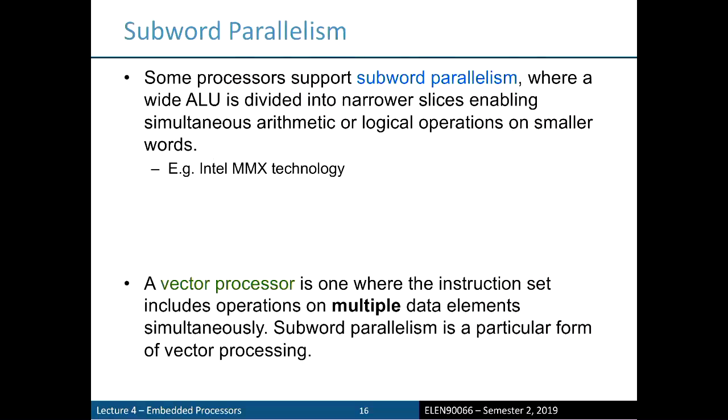Okay, so how else can you get parallelism out of a processor? Another way of doing it is using what's called subword parallelism. And where did this originate? It came in the 90s. Intel was a big pusher of this.